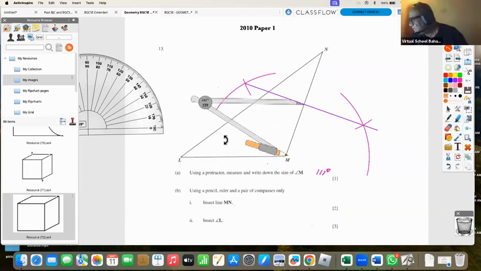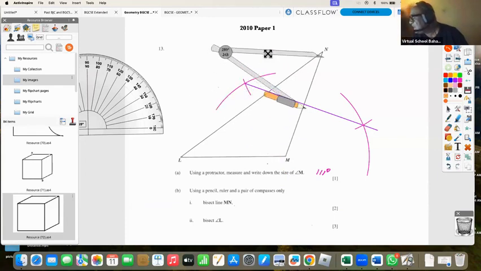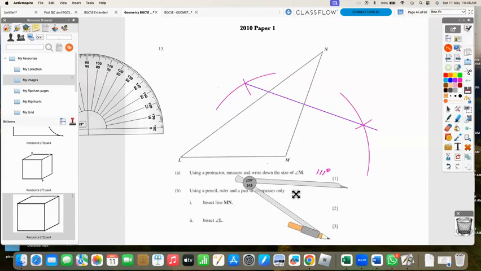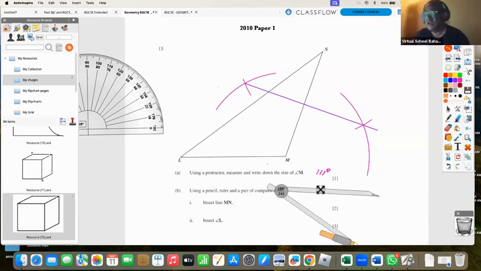If I put that there, and then I go on the other side, they must be equal, right? And I think I almost got it right there, right? Yes, sir. Good. So that is how we bisect a line. You must open your compass more than halfway. Who is with me?